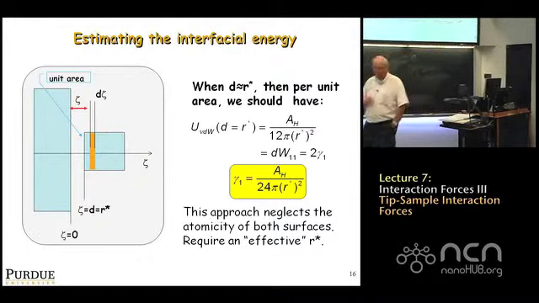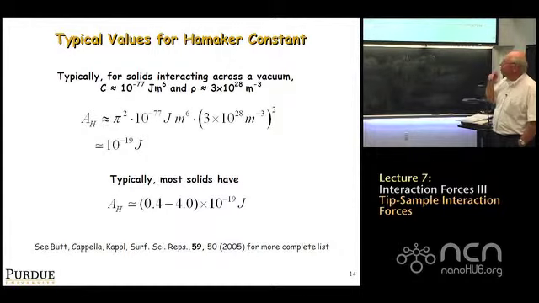I had a slide in here where I actually calculate what a typical value for this Hamaker constant A sub h is. If you tell me what the parameter C is for the Lennard-Jones potential, and what the number density of atoms is, about 3 times 10 to the 28th per cubic meter, I can calculate these Hamaker constants, which have units of energy, joules.